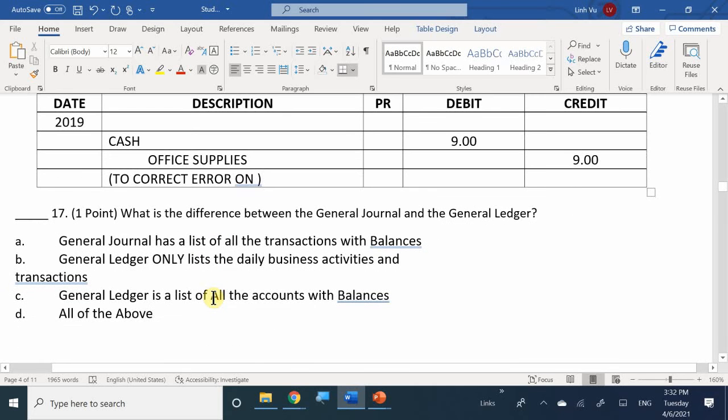Then number 17 says, what is the difference between the general journal and the general ledger? So we went over this earlier. A, the general journal has a list of all the transactions with balances. Okay, now is that correct?